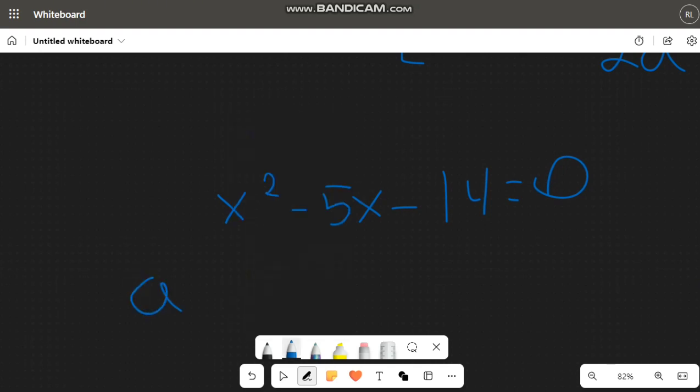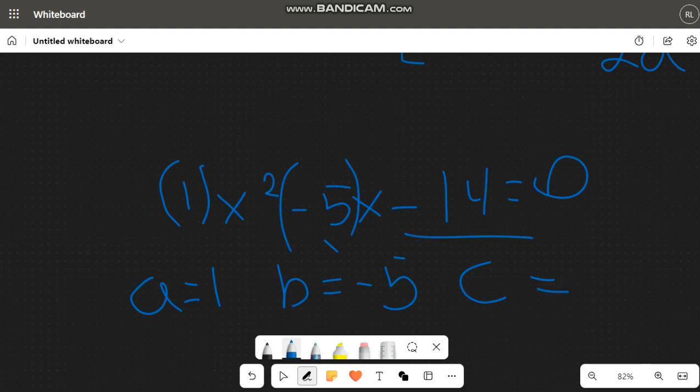A, since here there's nothing, it would actually equal 1. So a would equal 1, b will equal negative 5, and c would equal negative 14.